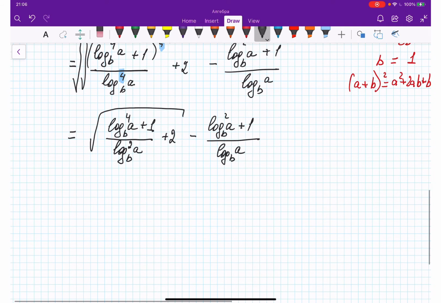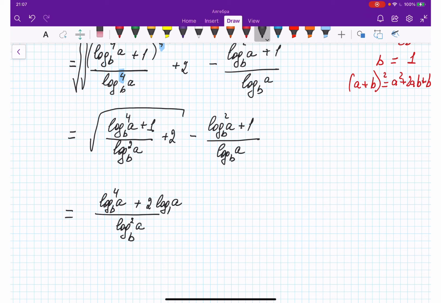Okay, so from here, what further simplifications can we do? First of all, we are going to bring to a common denominator, and here it will be logarithm a by base b squared. In the numerator, we'll get logarithm a by base b to power 4 plus 2 logarithm a by base b squared. I place the multiplication 2 by log a by base b first, so the formula is seen much better, and only then plus 1.